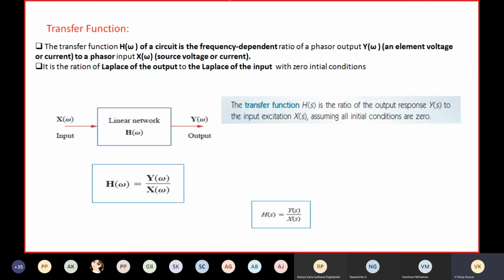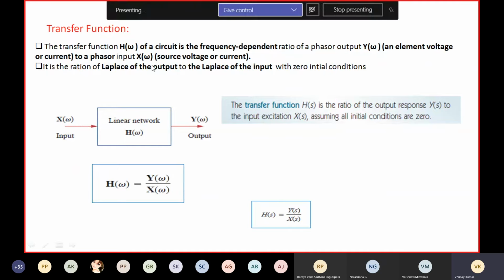Next, in the frequency domain, this is the transfer function, which is also called the network function. H of omega is also called the network function.